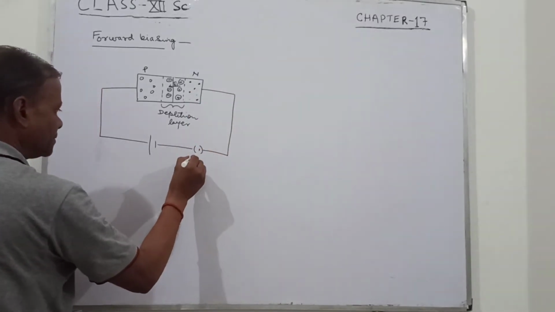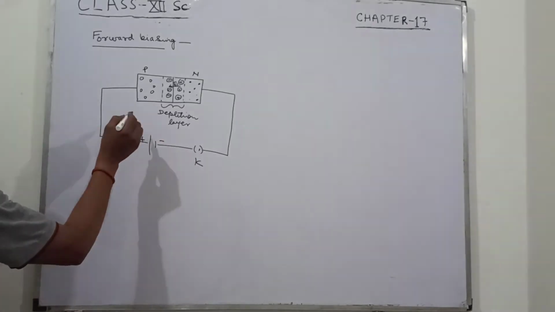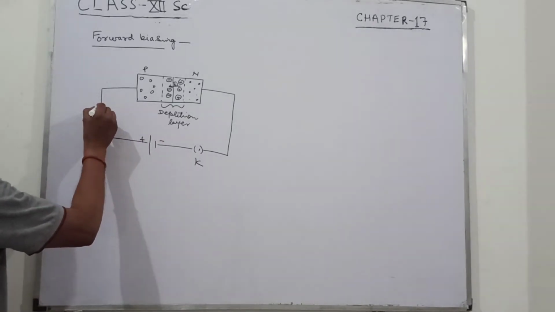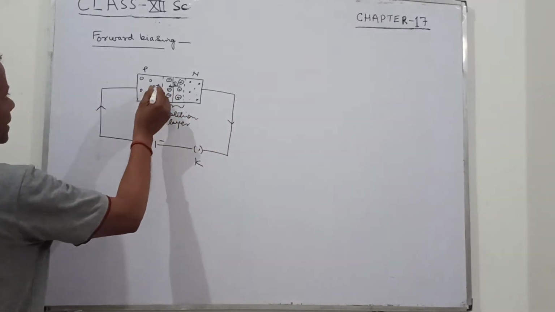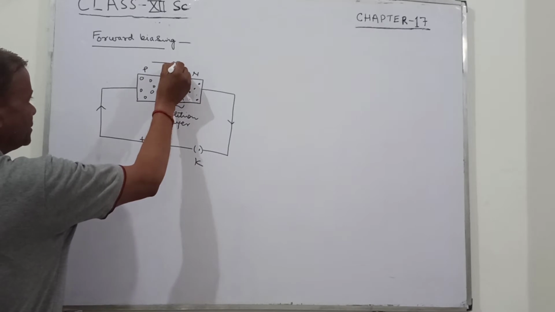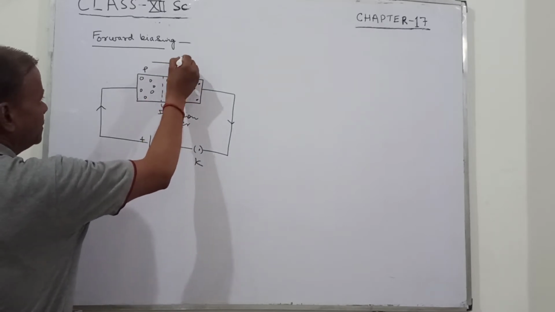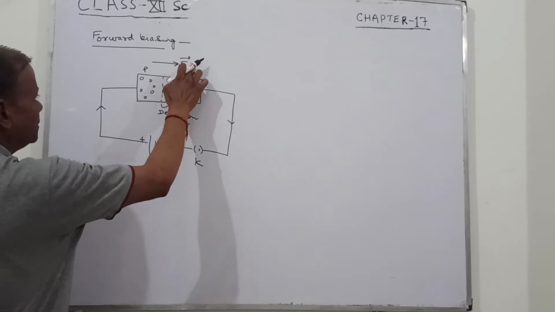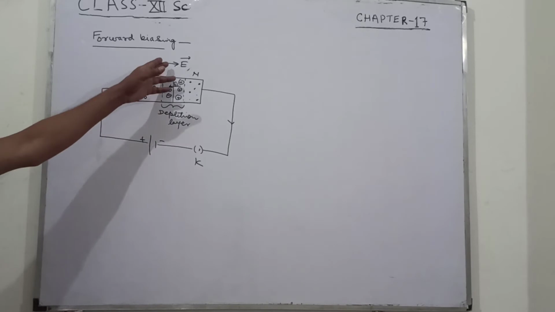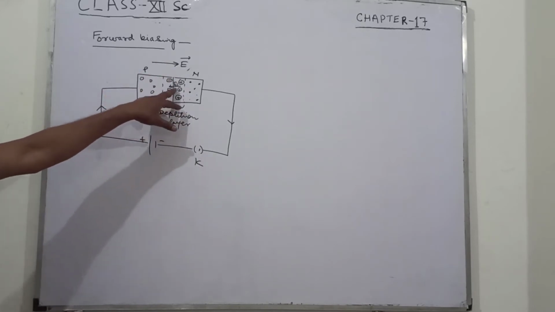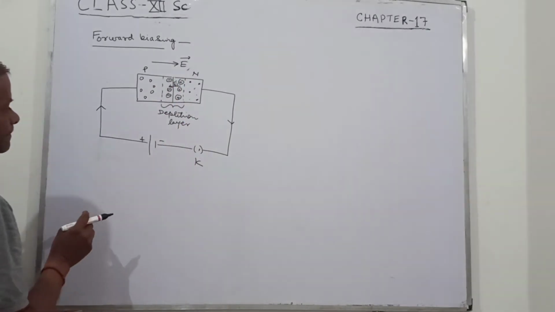This is the cell, and the current will flow, and the applied electric field is in this way. This is the applied electric field, E. You can see that this applied electric field is just opposite to the internal electric field in the depletion layer.